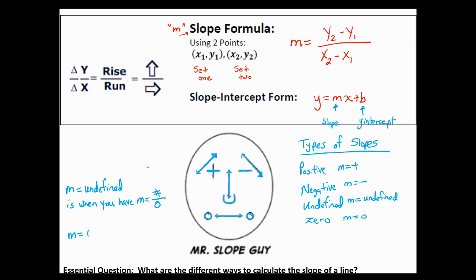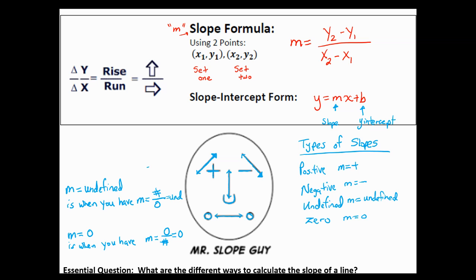On the other hand, m is equal to 0 is when you have m equal to 0 over a number, then that reduces to just 0. And this one reduces to undefined. You cannot divide by 0, so that's why we call that undefined. You can't divide an item by nothing, right?